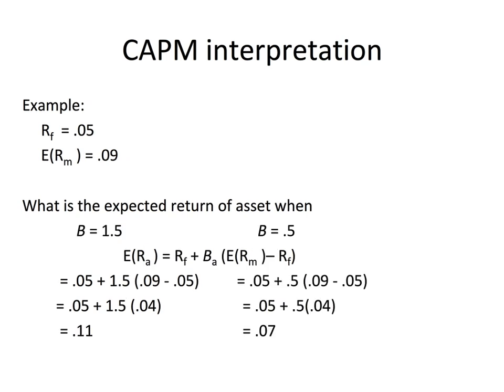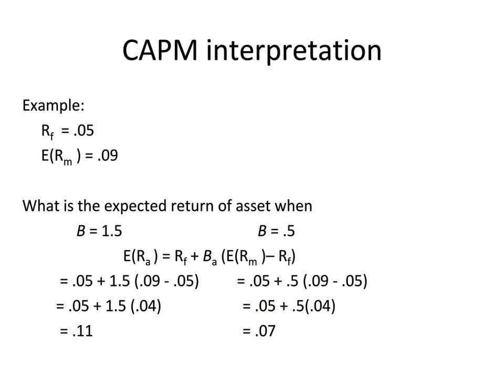Here are 2 additional examples with the same risk-free rate of 5% and the same expected return on the market portfolio of 9%. Here we have a beta equals 1.5 and also a beta equals 0.5. The beta equals 1.5 is to the left-hand side at the bottom of the screen, and beta equals 0.5 is to the right. We calculate expected return for those 2 assets. The one with 1.5 has an 11% expected return.